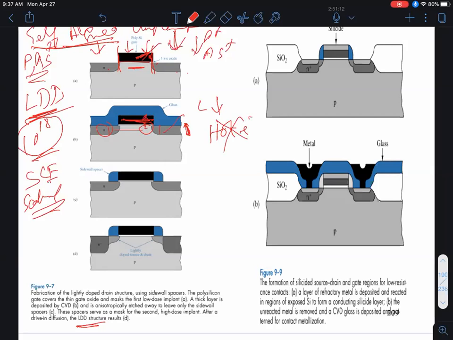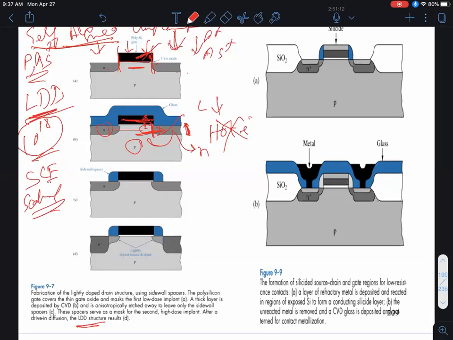So to minimize hot electron effect, you basically want to minimize the electric field in this direction. How do you do that? Well, this is a PN junction, right? So that's a P-type channel, and that's an N-type source drain. And you have this peak electric field at the junction, as in a reverse bias PN junction. How do I reduce that peak electric field?